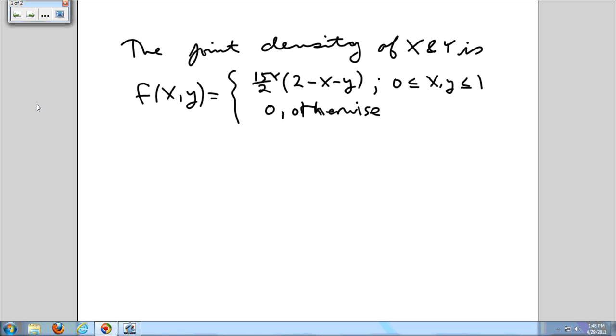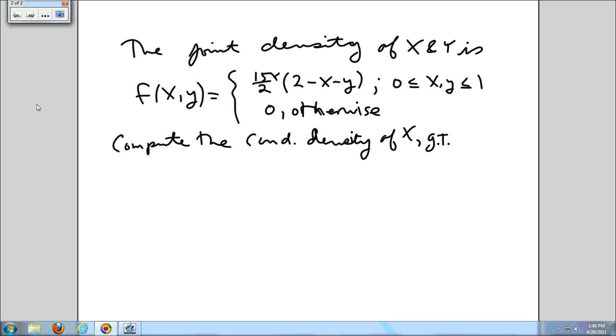So what is the conditional density function of x given that y equals y? And y will be between 0 and 1. Find the conditional density of x given that the random variable y takes on the value little y.